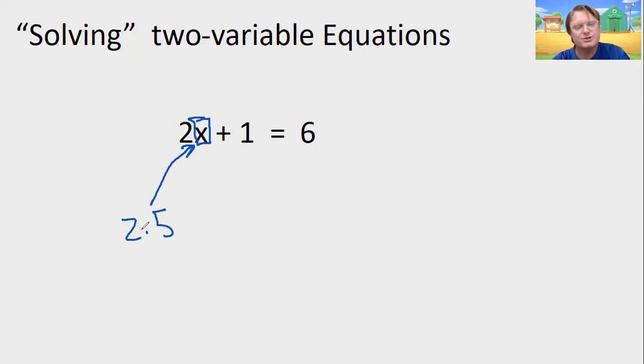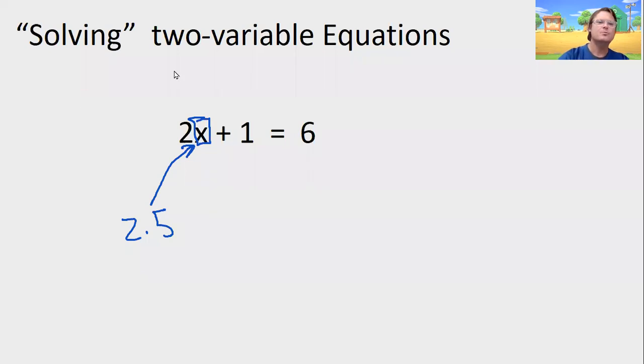Ah! So I just want you to remember and realize that when you're solving an equation, you're looking for the value that makes the equation true. Okay, nothing new there. That's what we've been doing. You've been solving a one variable equation for quite some time.